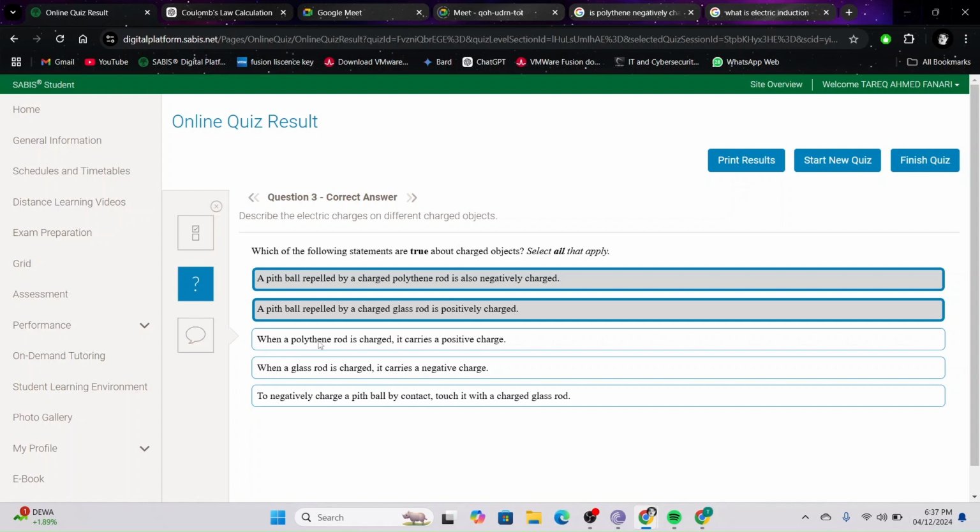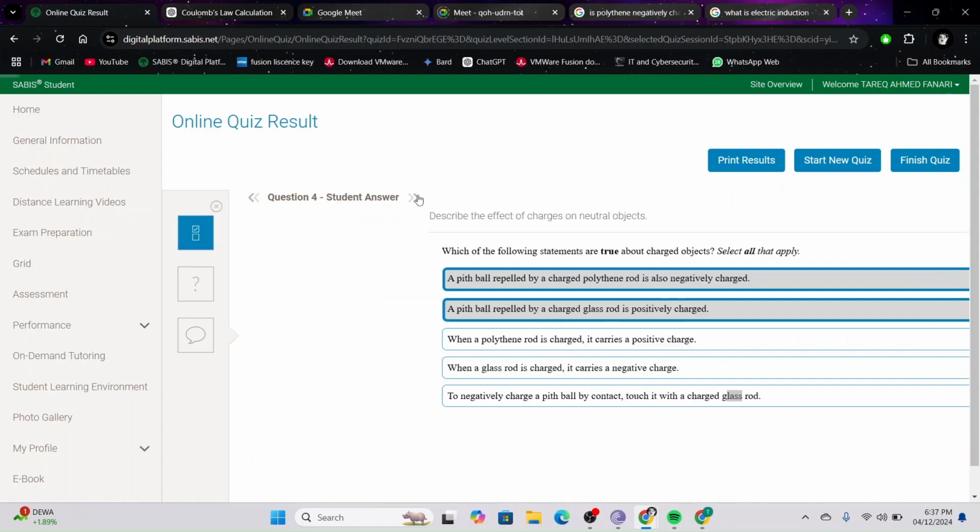No, because we just said that once you rub a polyethylene rod, it's going to be negatively charged. Same thing for the glass rod. We just said it's going to be positively charged once it gets charged. And to negatively charge a pith ball by contact, touch it with a charged glass rod. Obviously not, because a charged glass rod is going to be positively charged.